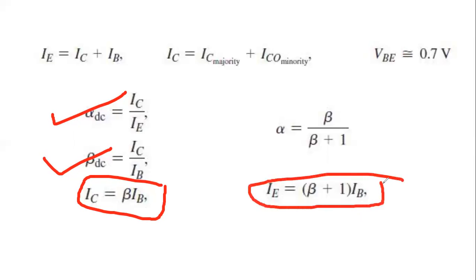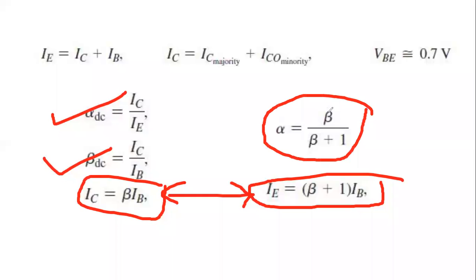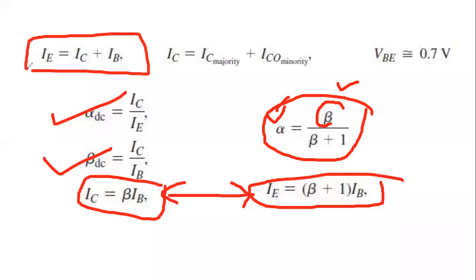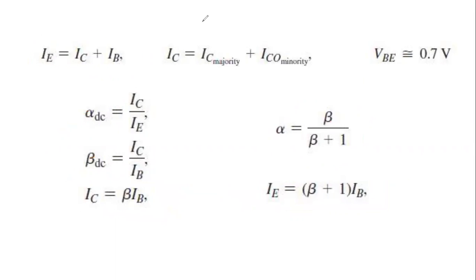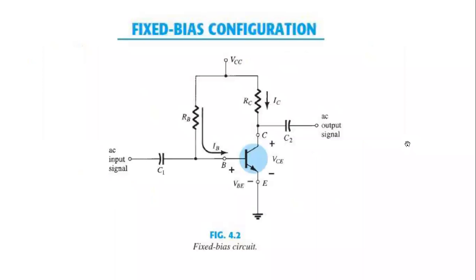If you have two equations, you can easily make the relations between IC, IB, IE. If you have alpha you can get beta, if you have beta you can get alpha. So it is easily possible. And this is the mother equation, the emitter current equals IC plus IB. So please try to at least practice these equations at home.